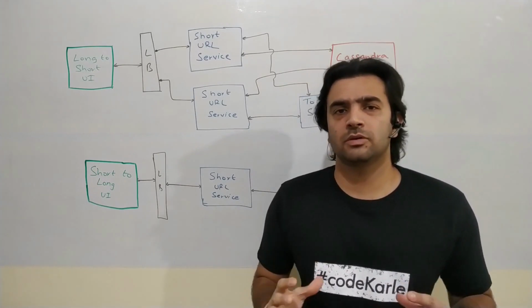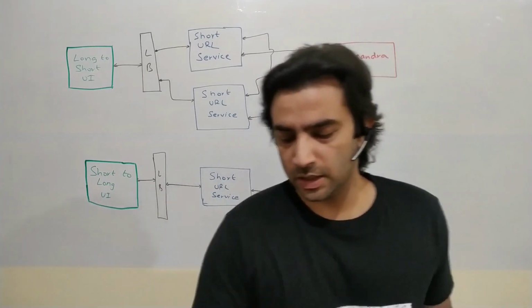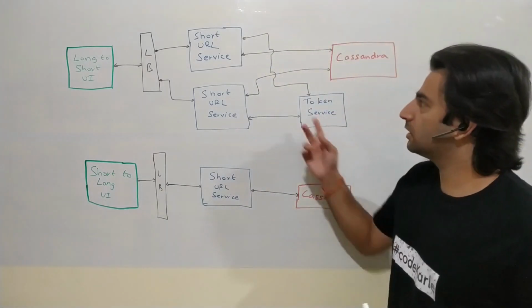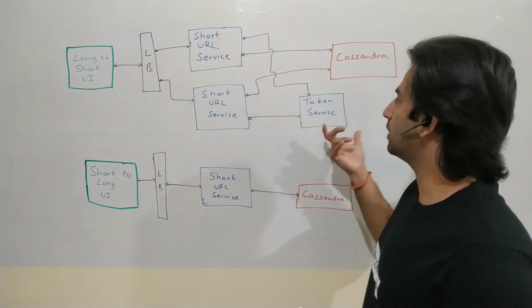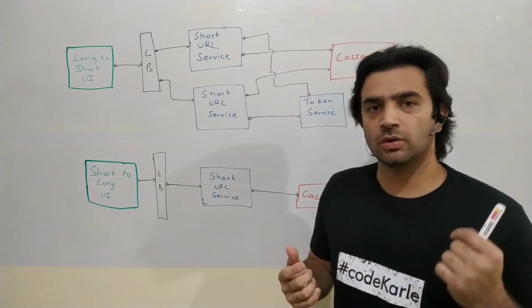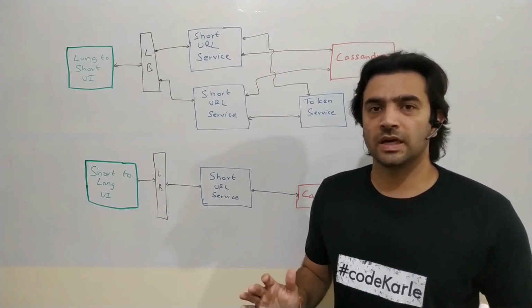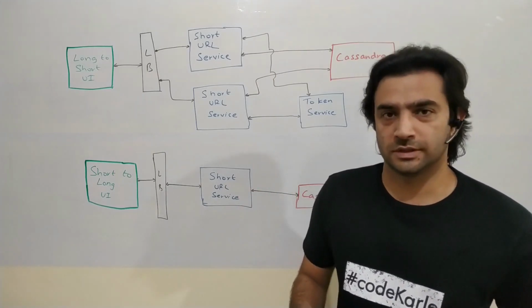One of the simple ways to do that is to assign ranges to each of the machines. This short URL service will request a token range from the token service. Each time the token service gets a request, it will run on a single threaded model and give a range to any of the service instances.